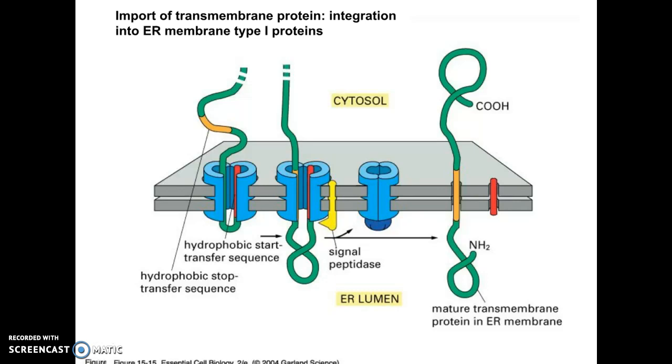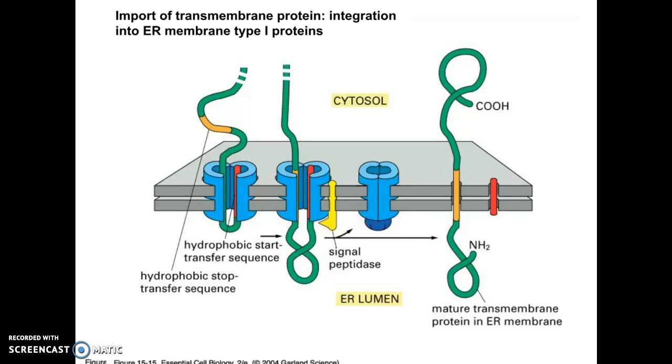And so when that sequence gets threaded through the translocation channel, that will stop translocation. And so then the growing polypeptide chain will drift out into the membrane, and translation continues, but now it's going to be on the cytosolic side.